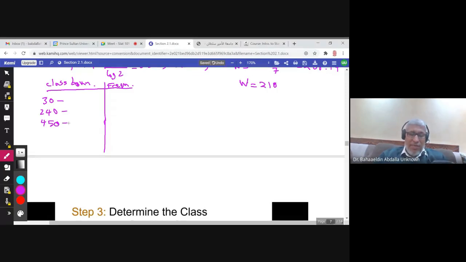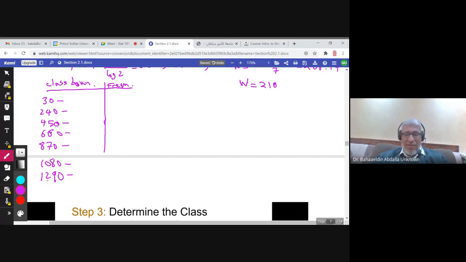Plus 210, 660. Plus 210, 870. Plus 210, 1080. This is the class width. And plus 210, 1290.